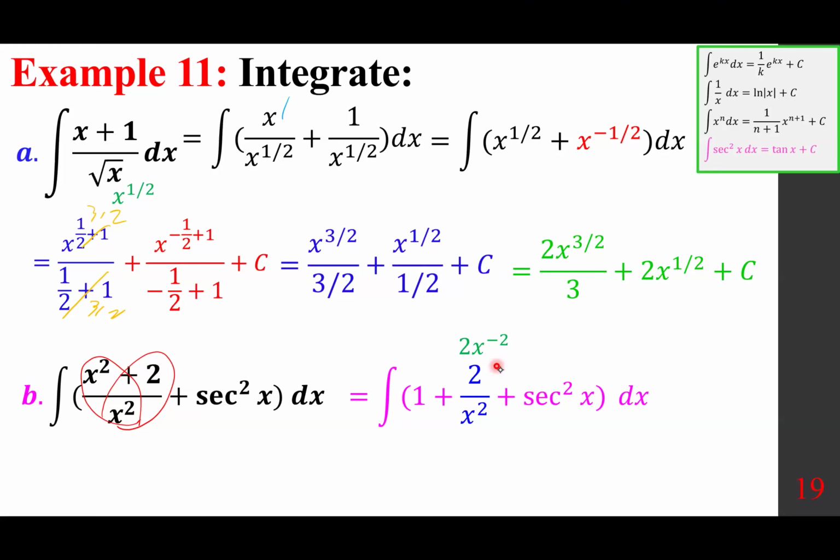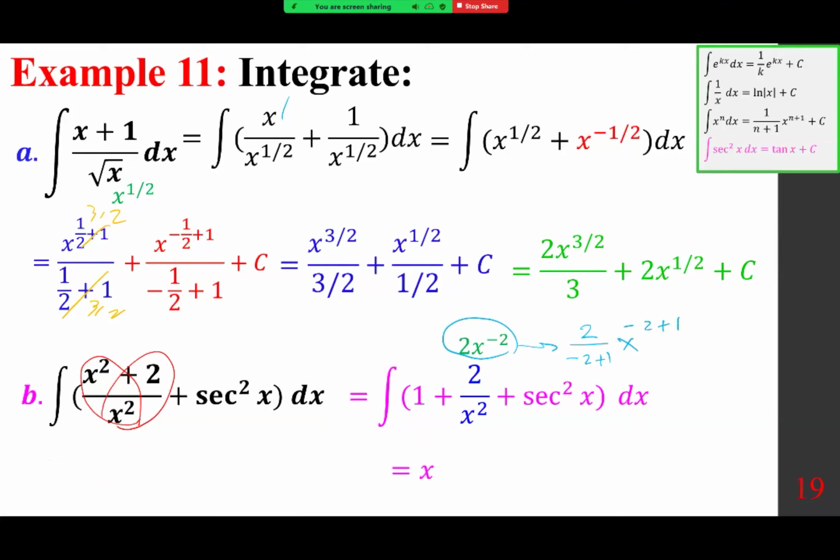But in any event, let's do this again step by step. And that means the first one, because this is dx, the answer is x. The second one, if I want to integrate this, I'm going to divide it by negative 2 plus 1, x to the power of negative 2 plus 1, which makes us 2 over negative 1, so minus 2x to the power of negative 1, or minus 2 over x.